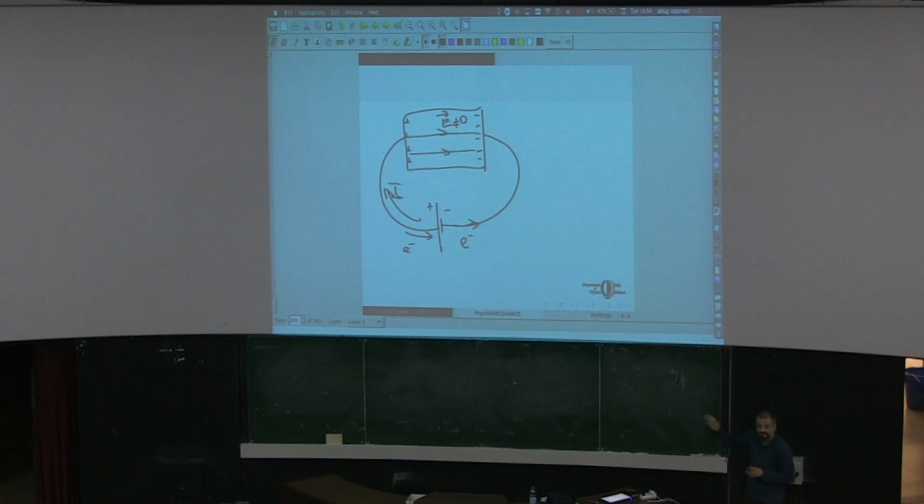Because the difference of this case from the previous cases is that before we reached electrostatic equilibrium, and then we had no electric field in a conductor. But in this case, the battery that we connect over here prevents us from reaching electrostatic equilibrium by constantly taking the charges from one place and putting them on the other place.